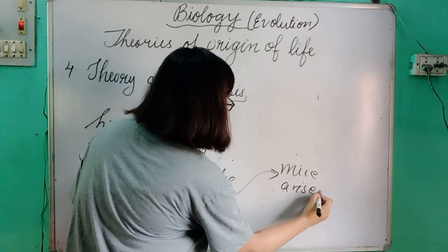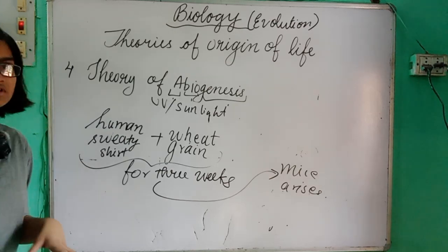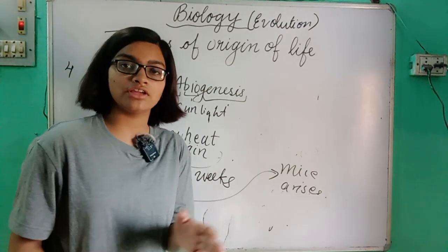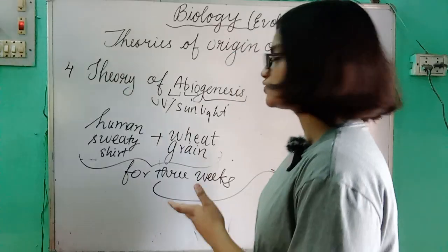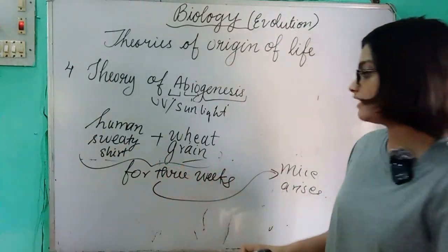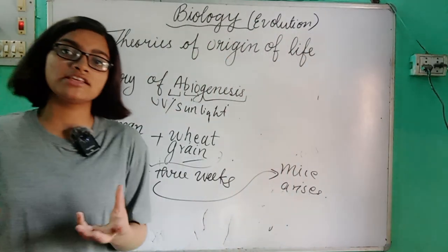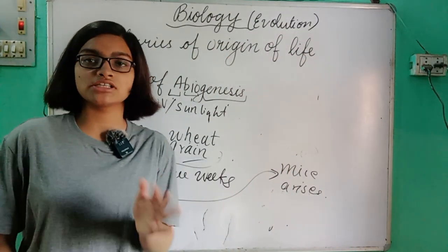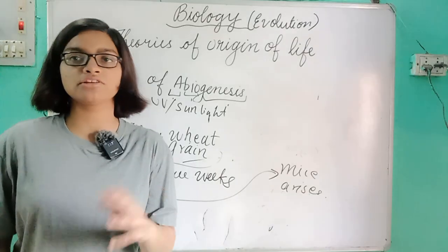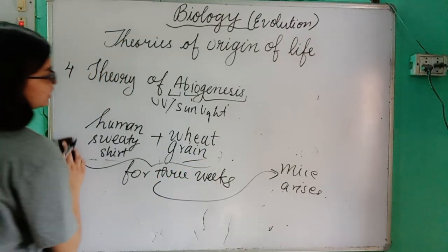However, this is also not practically possible, but this was what was believed by the theory of abiogenesis: that life came from non-living matter, mud, straw, grain, and in the same way a human sweaty shirt with wheat grain kept for 3 weeks produces mice, or near the Nile river where there is mud, when UV rays or sunlight fell on it, amphibians and crocodiles arise. This was the theory of abiogenesis.